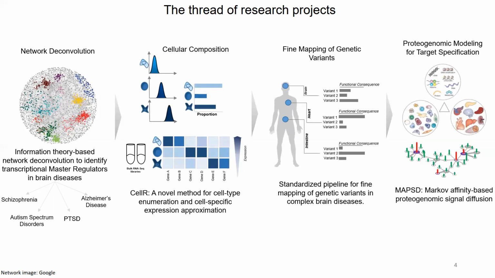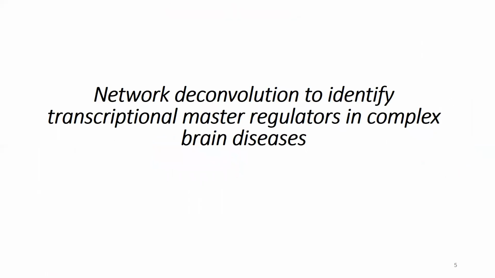And finally, I will focus on our recently developed model called MapSD, which stands for Markov affinity-based proteogenomic signal diffusion, which is a graph-based method leveraging graph signal processing fundamentals to identify unknown disease-associated risk genes in polygenic disorders. I will be focusing mainly on the findings of the first and the last project in this slide.